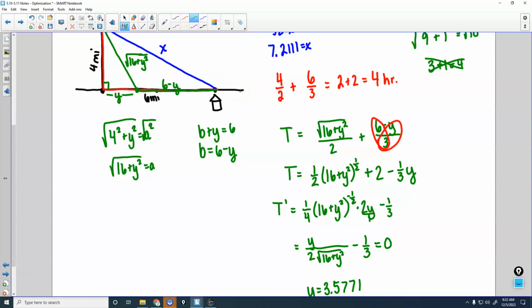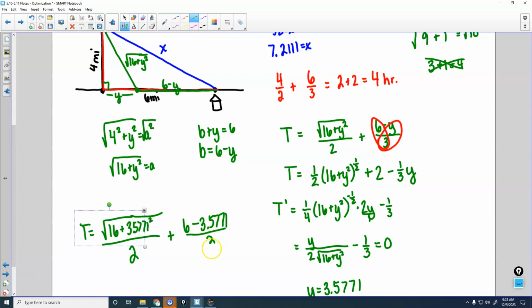So if you want to know how much time that would take, because I am interested in how much time this is going to save us, we would plug it back into this equation. So we would have t equals square root of 16 plus 3.5771 squared, divided by 2, plus 6 minus 3.5771 divided by 3.